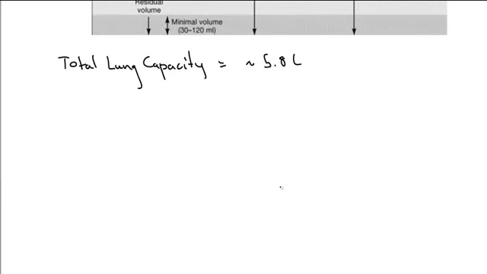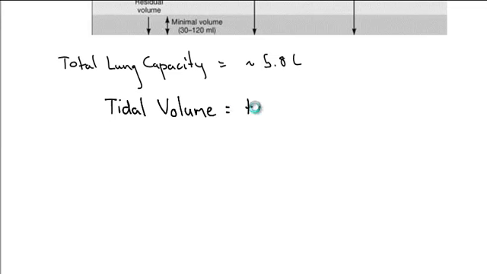What we have are two key volumes. The first is called tidal volume. You can go back up and spend some time looking at this graph and reading it, and I recommend you do, because it's really important that you practice reading graphs. We will in class.